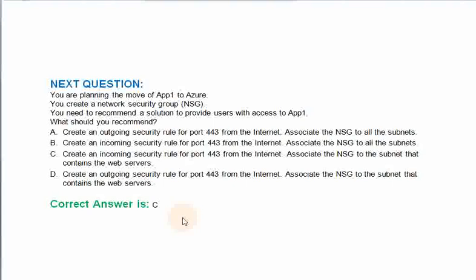Associate the NSG to all subnets. Option C, create an incoming service rule for port 443 from the internet. Associate the NSG to the subnets that contain the web servers. Option D, create an outgoing service security rule for port 443 from the internet. Associate the NSG to the subnet that contains the web servers. The correct answer is option C.